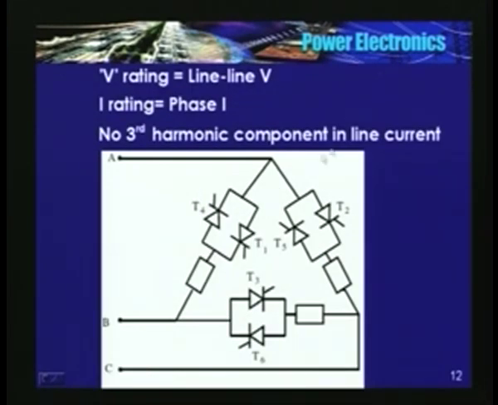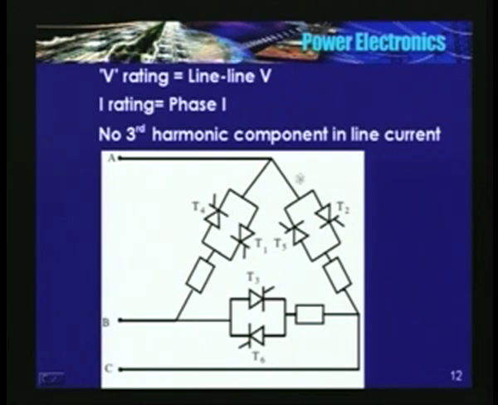Now when the load is connected in delta, this could be one of the configurations. Okay. Again, back to back 3 banks, these are 3 loads. They are connected in each phase. What happens here? The current through the SCR is the phase current. Okay. But then the voltage is the line to line voltage.